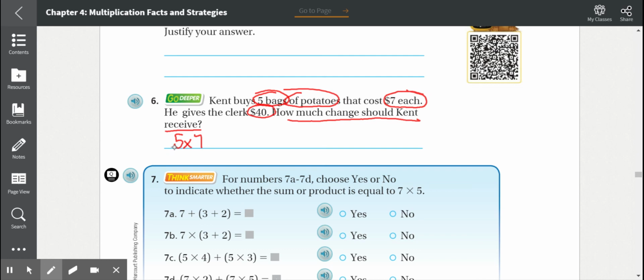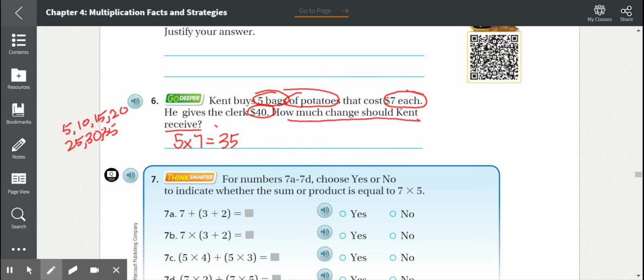So first we need to do 5 times 7. So we can count by 5s 7 times. Let's do that. 5, 10, 15, 20, 25, 30, 35. Is that 7? 1, 2, 3, 4, 5, 6, 7. Yes. So he pays $35.